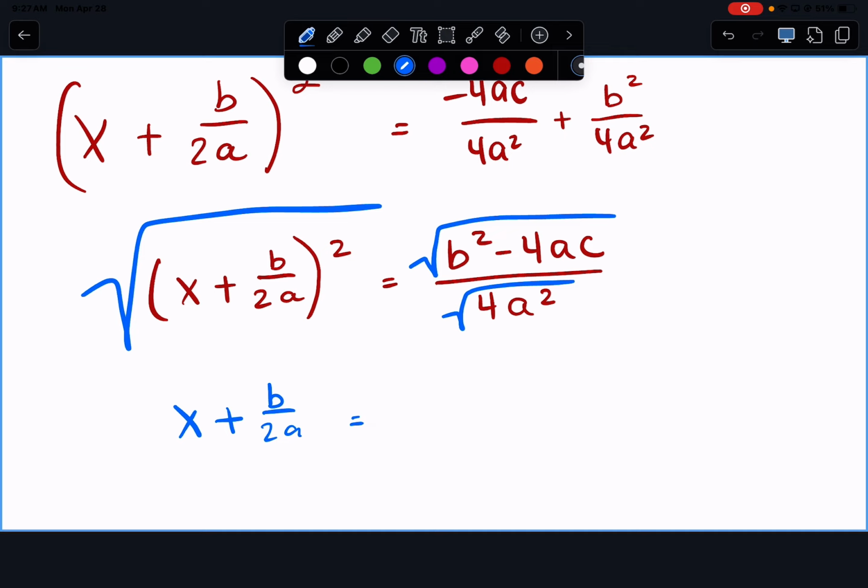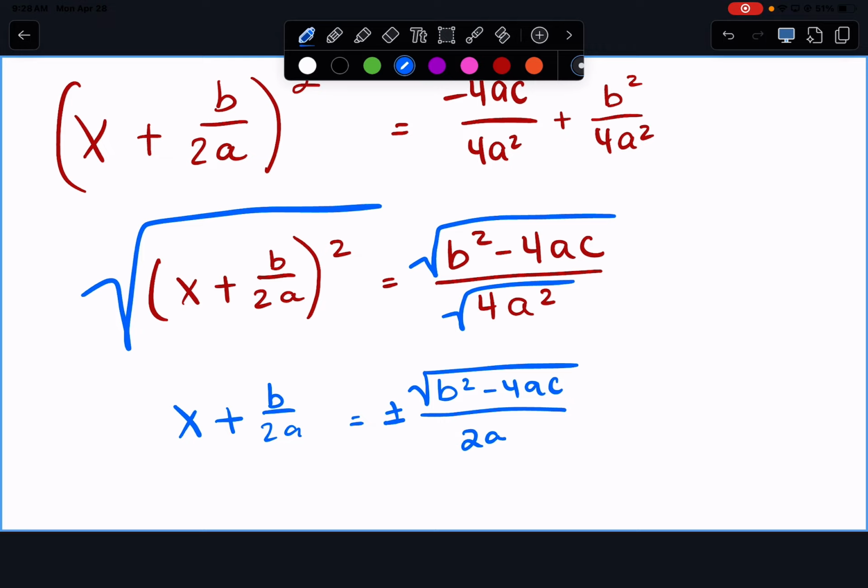Can I take the square root of that whole thing? No. If I can't, I just leave it alone. So it's going to be the square root of b squared minus 4ac. We're still going to keep our plus and minus out there. But can I take the square root of 4a squared to get what?